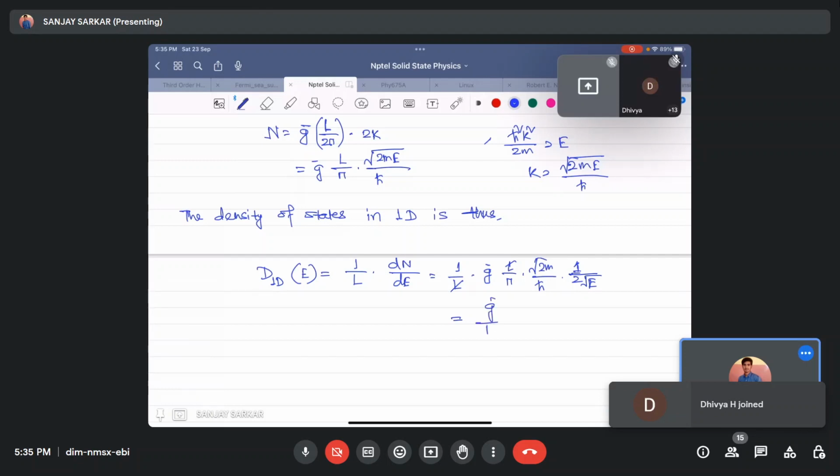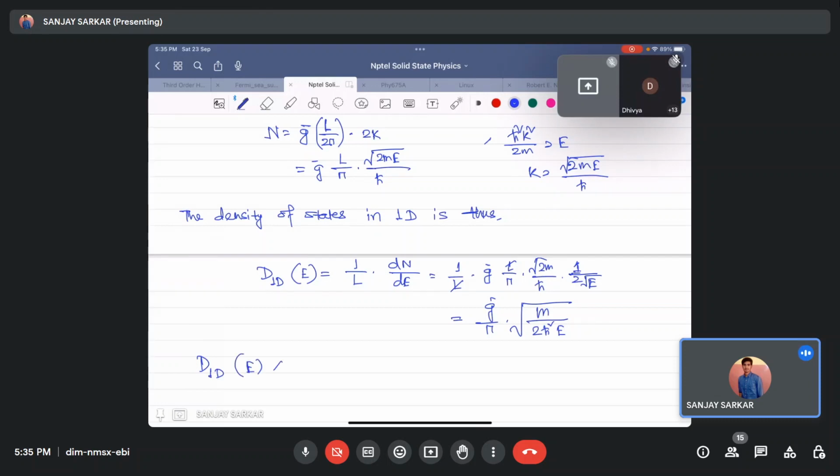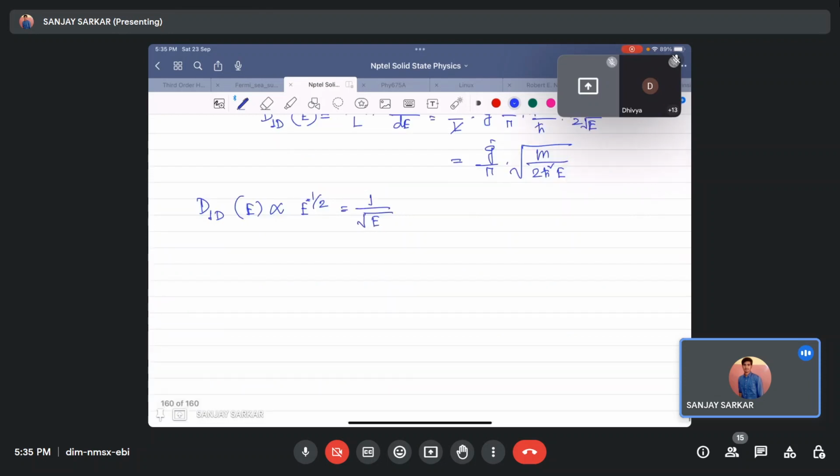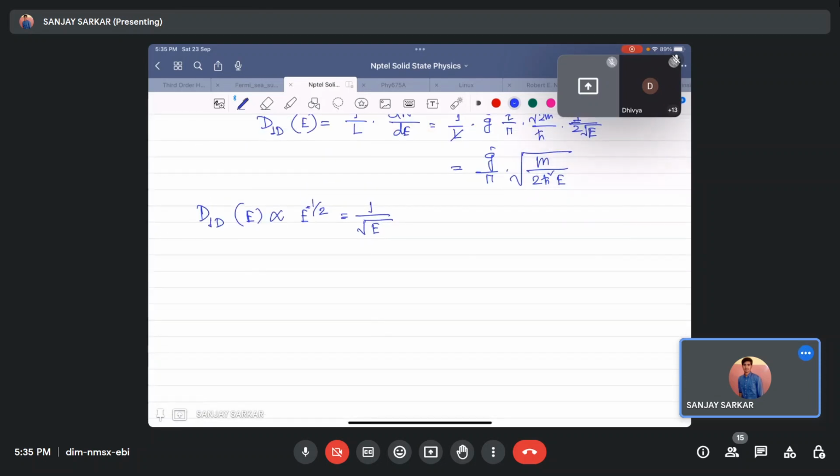So g bar by pi into root over m by 2 h bar square E. Yes, so you can see that in 1D for parabolic dispersion, the density of states is proportional to E to the power minus half, or 1 by root E. So you can remember these expressions for this parabolic dispersion: for 3D it was proportional to root E, for 2D it is E to the power 0, and for 1D it is 1 by root E. This is for the parabolic dispersion, E equal to h bar square k square by 2m.